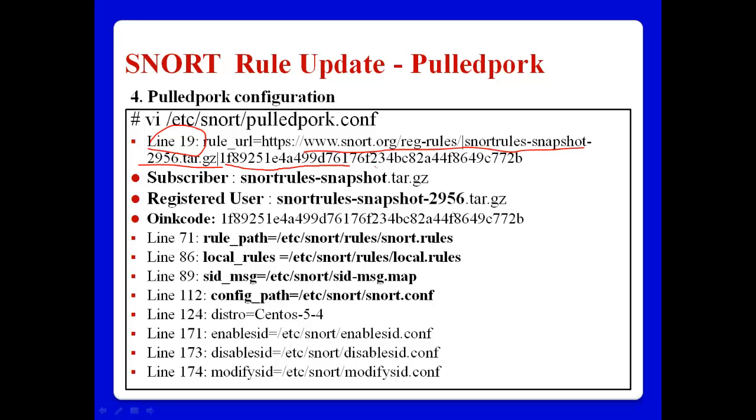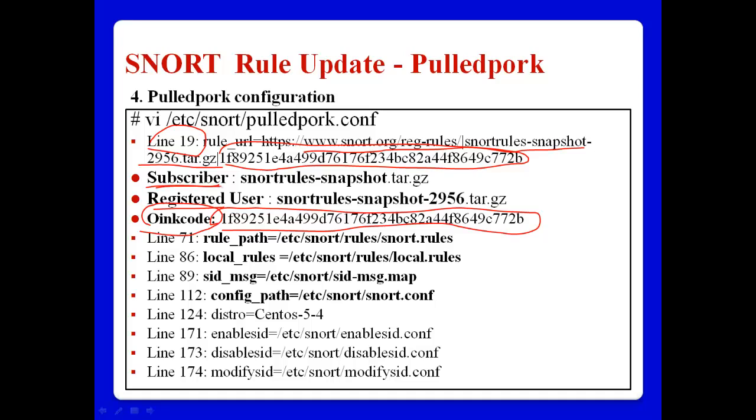And after that, this number is the Oink code. If you are registered on the Snort website, you will find your own Oink code. Just copy it and paste it here. But if we go to the Snort website, you can find three types of users: subscriber, registered, and community.